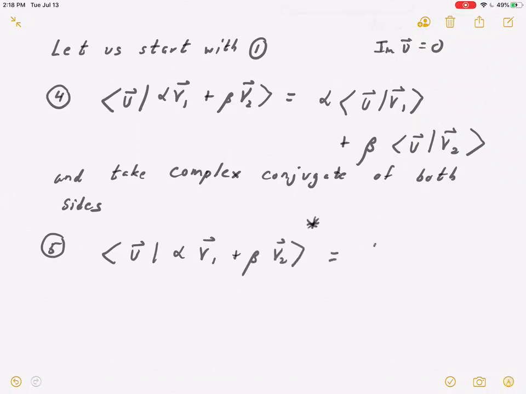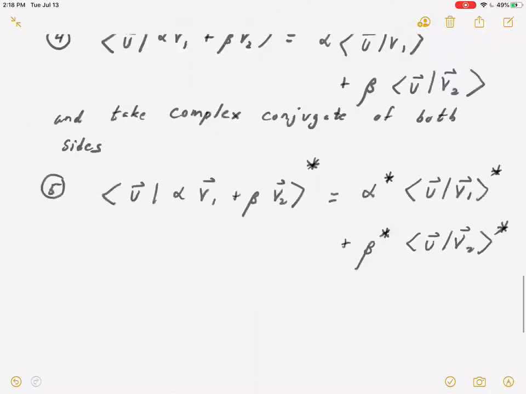And if I take the complex conjugate of the right-hand side, I get two terms. First term looks like that. And the second term looks like beta complex conjugate times the complex conjugate of this inner product. Remember, V sub 1, V sub 2, U are complex vectors, alpha and beta are complex numbers.